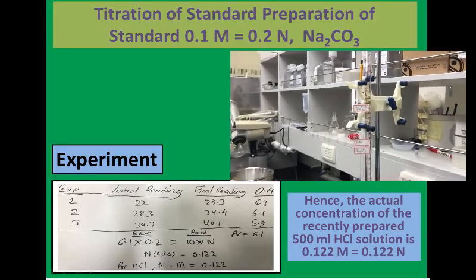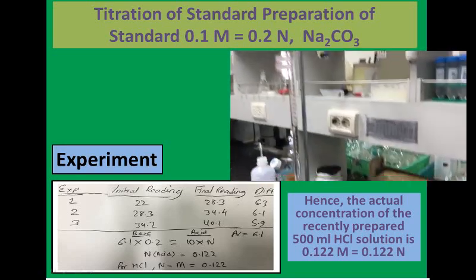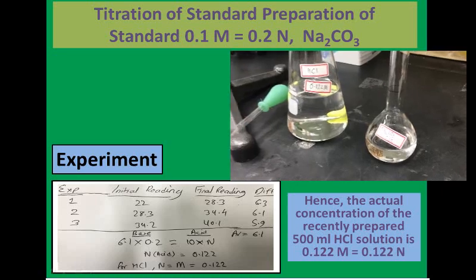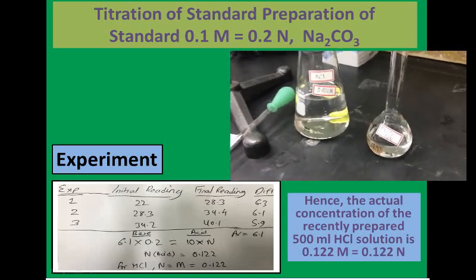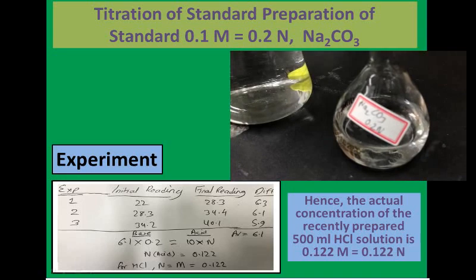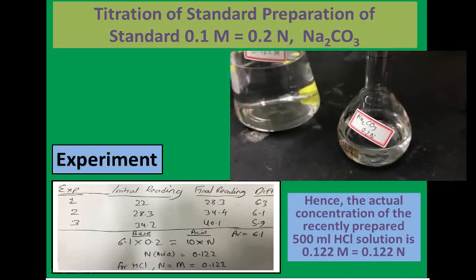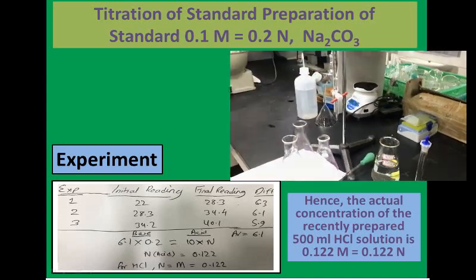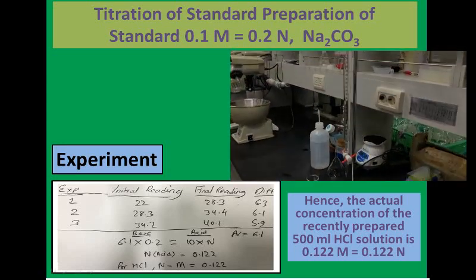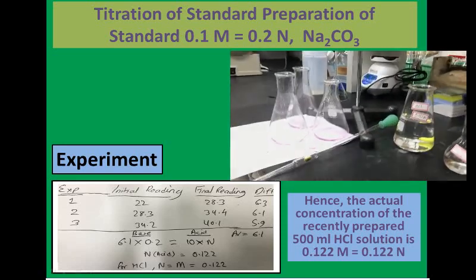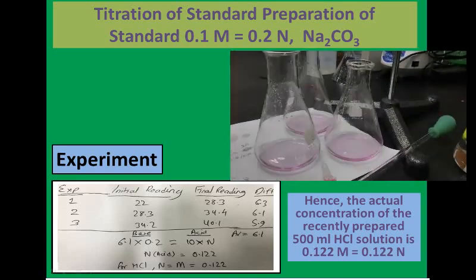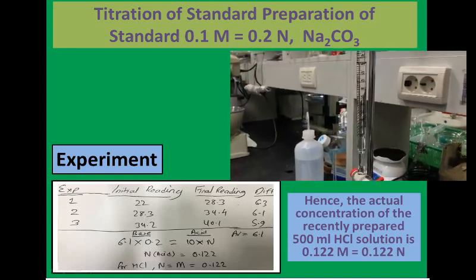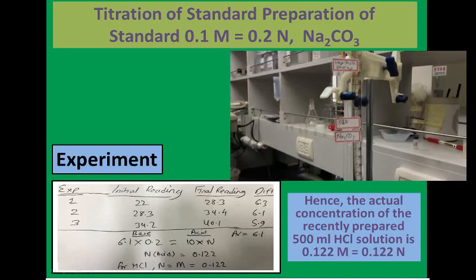After that, it is time for standardization of dilute hydrochloric acid with standard sodium carbonate solution. We have 0.2 normal sodium carbonate solution. So we will put the sodium carbonate solution in the burette, and in 3 conical flasks we will add hydrochloric acid of 10 milliliter in each conical flask.